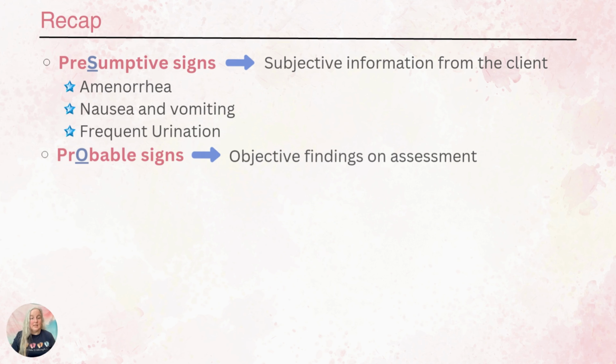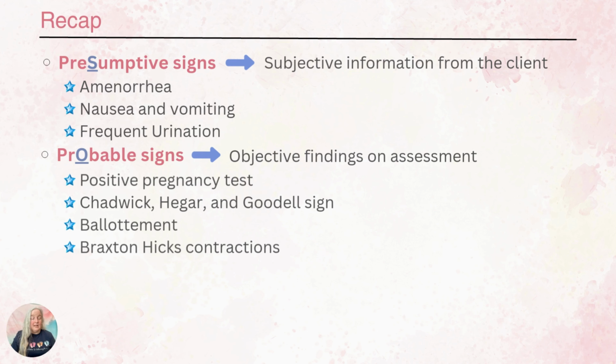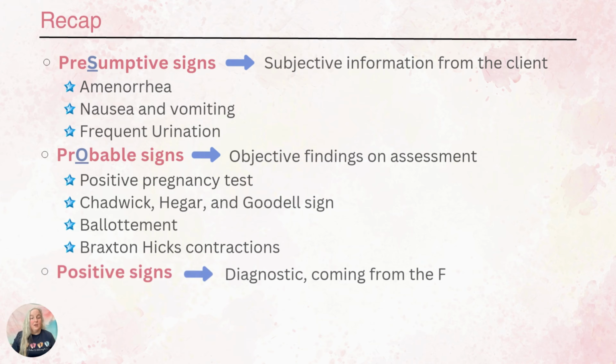And our probable signs are things that mean she's probably pregnant. Positive pregnancy test, any of the signs, Chadwick sign, Hegar sign, Goodell sign, Ballottement, and Braxton Hicks contractions all are probable signs.